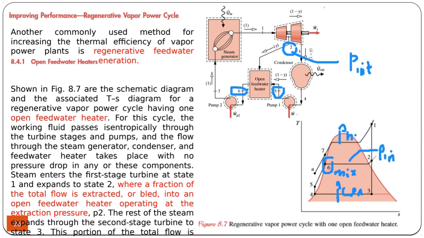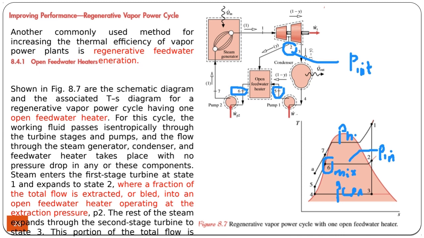So what did we get out of here? By heating the feed water using some part of the steam taken from an intermediate stage of the turbine, its temperature is increased.